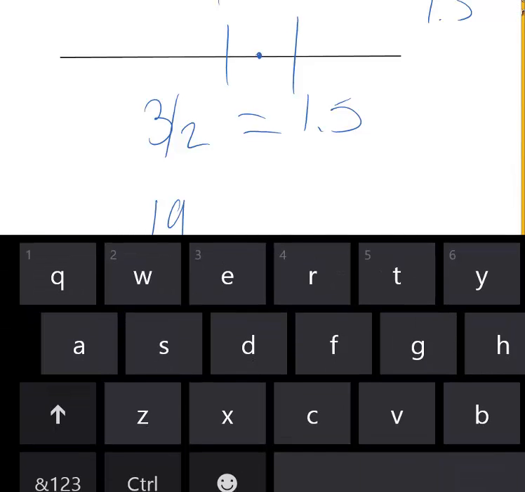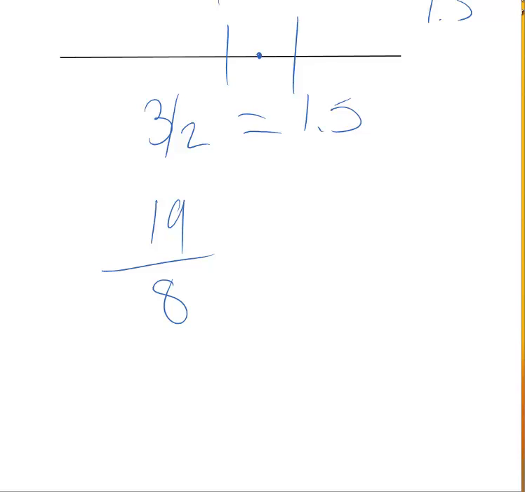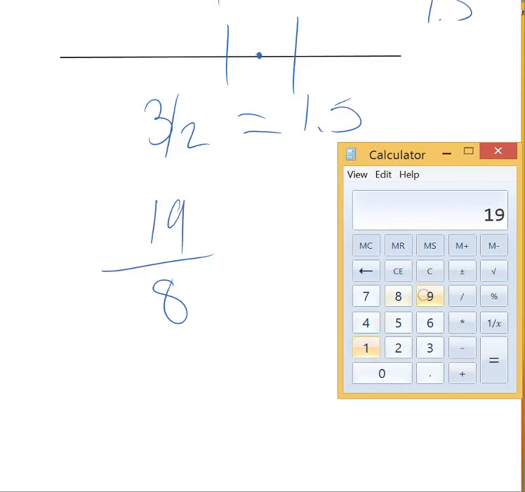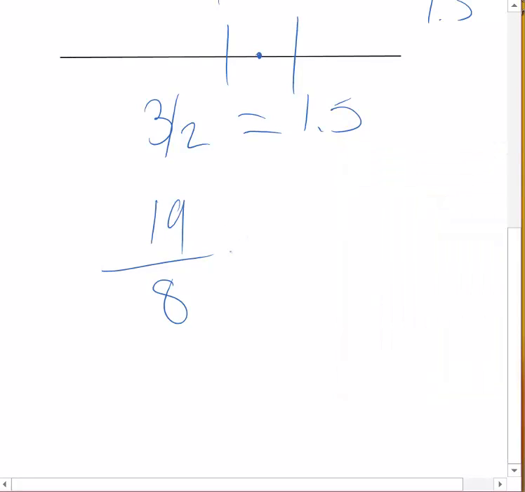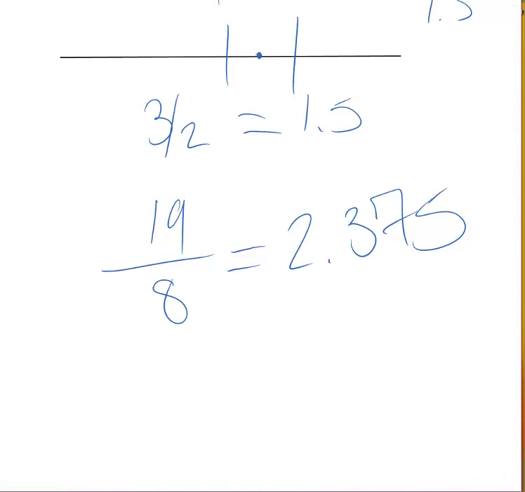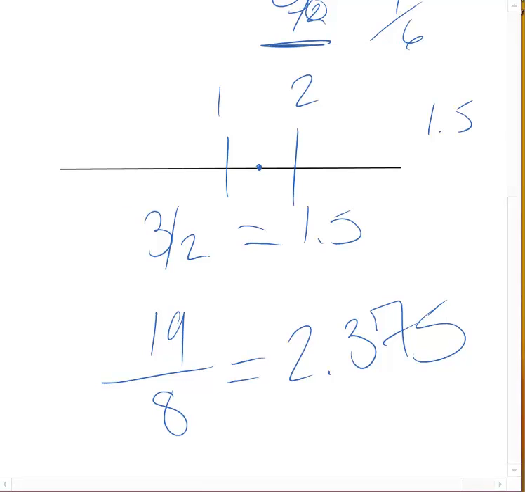We get 19 divided by 8, 2.375. On the number line, 2.375 lies between 2 and 3. Not exactly in the middle, more so over here.